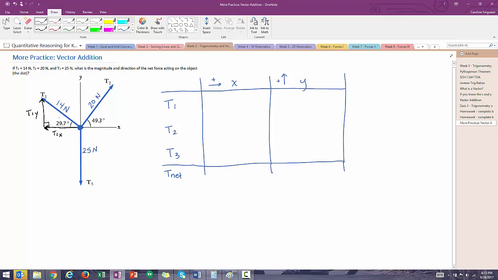Okay, so now we're going to use Sohcahtoa to find T1x and T1y. So we'll start with T1x. First, we're going to label our three sides. Our angle we know is over here, 29.7 degrees. That means that the opposite side to that angle, T1y, would be called opposite. Also, we know that our 90-degree angle is right here.